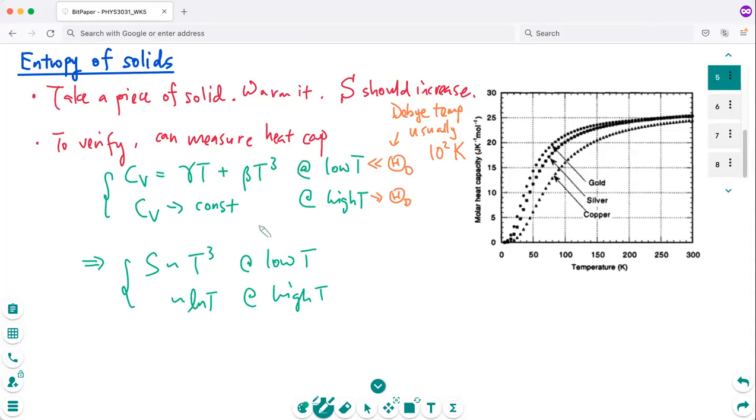The logic is this. I claim the entropy should increase when I warm it, which means entropy should go up when I increase the temperature. And how do I know? I know because I know the thermodynamics. I know my first law. I know how to analyze partial derivatives.